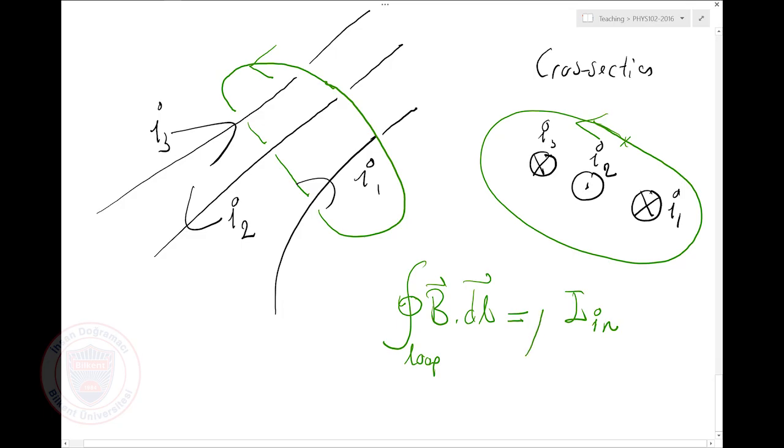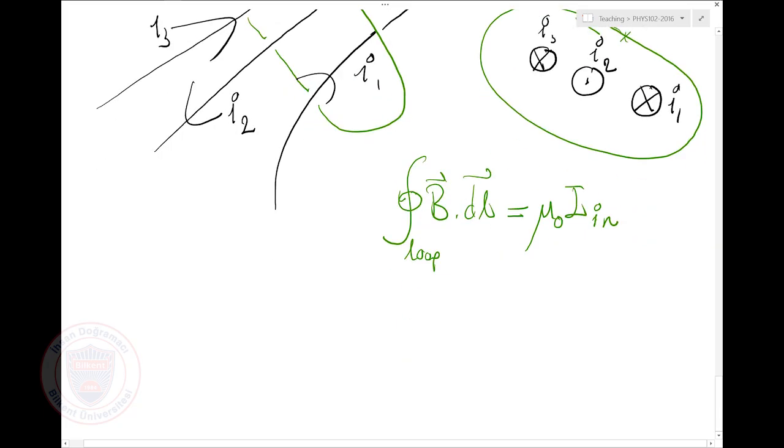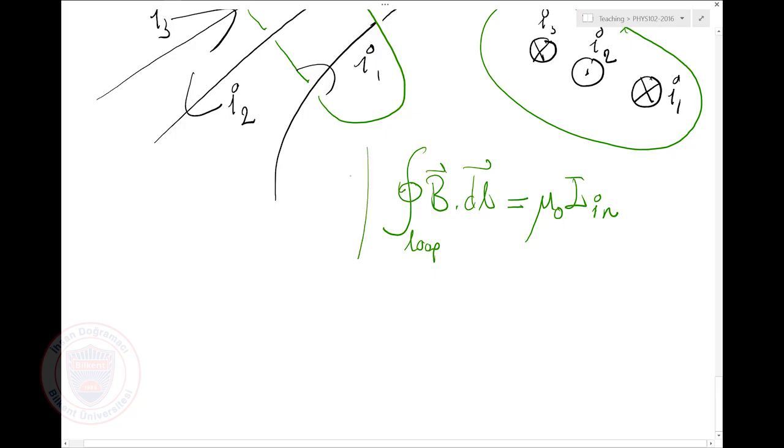And there is a proportionality constant which is called mu0, which is kind of like epsilon 0 for magnetic systems. All right? So this will be our law, and we'll use it in a moment.